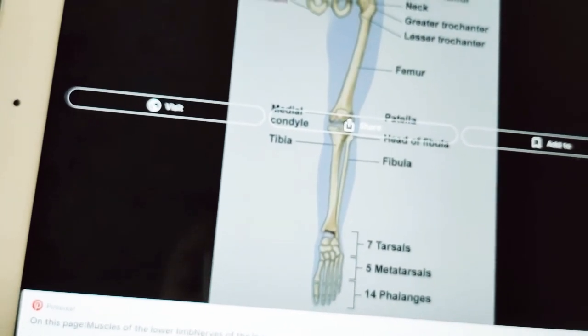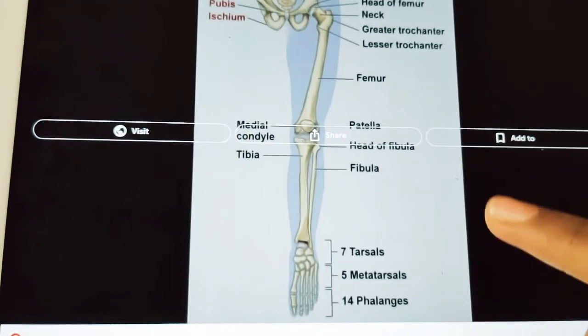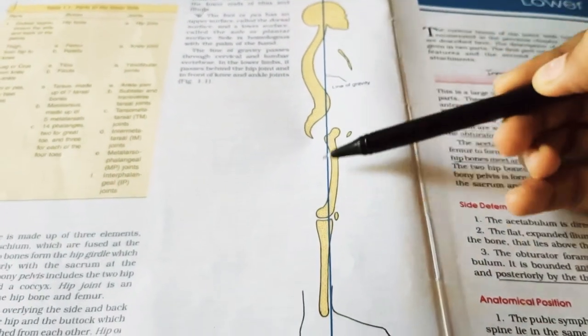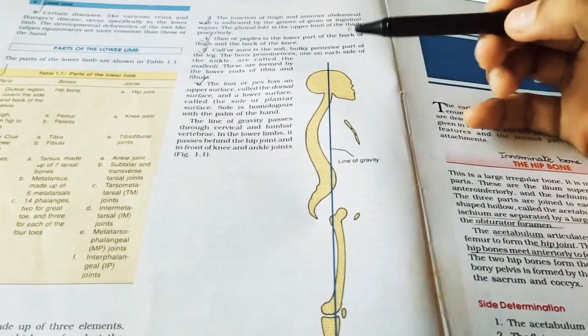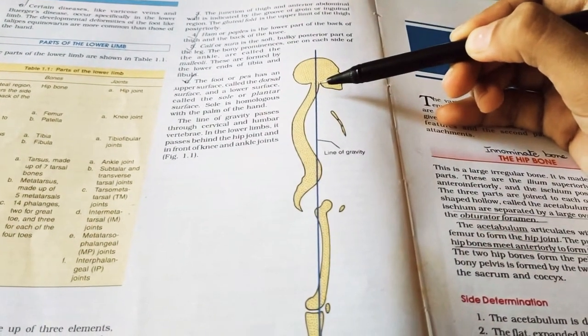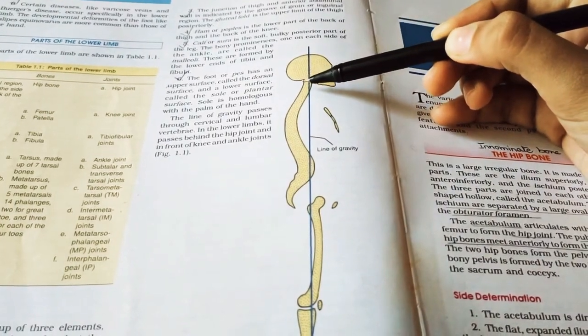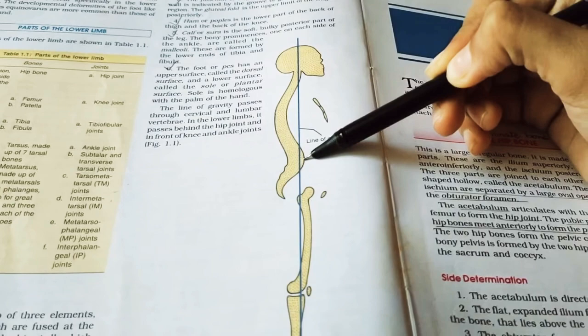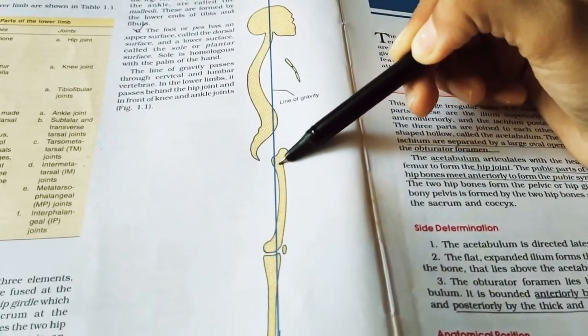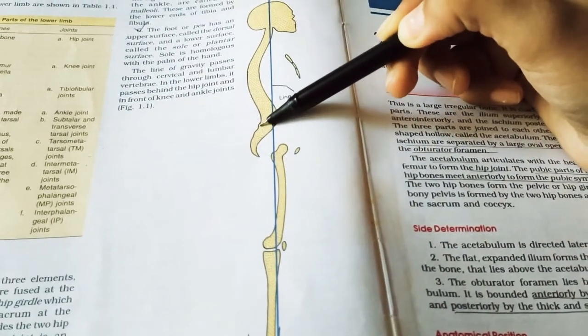Okay, the last one is the line of gravity, and we'll end this section. You can see here, this is the line of gravity. So this line of gravity is mainly passing from the cervical region. You can see first at the cervical region in the upper part. Okay, and next it reaches the lumbar region, and from lumbar vertebrae in the lower limbs it passes behind the hip joint. You can see behind the hip joint.